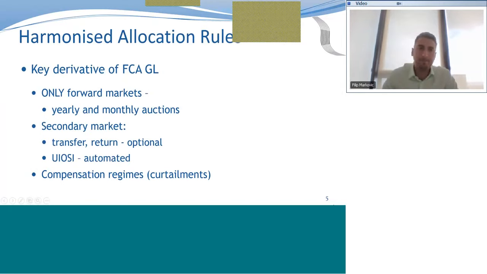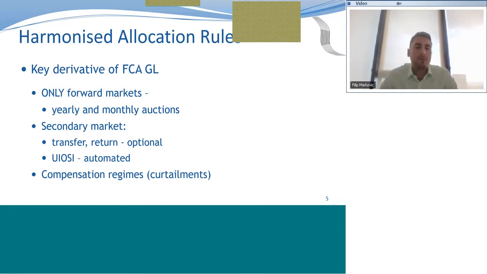Harmonized allocation rules are a key derivative of the FCA guideline. They describe only forward markets. Arben already mentioned that there can be different time frames, not only yearly and monthly, but also quarterly, weekly, and so on. In SEE CAO, currently only yearly and monthly options are performed.